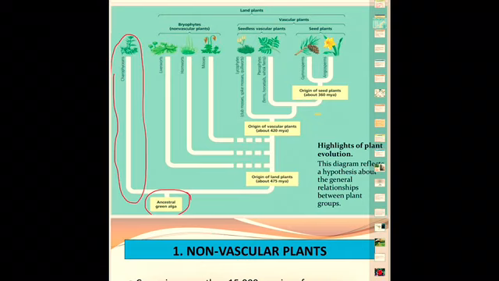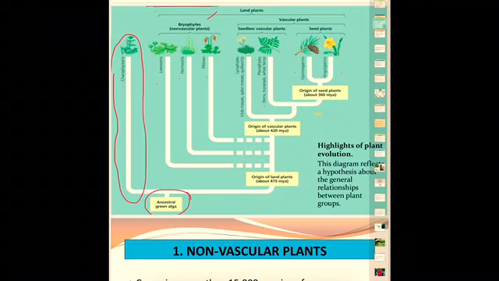Next to the algae are the bryophytes, which are non-vascular plants. There are 3 groups: liverworts, hornworts, and mosses, followed by the seedless vascular plants. Seedless vascular plants consist of club mosses, spike mosses, and the ferns and fern allies. The most developed plants are the gymnosperms and angiosperms.